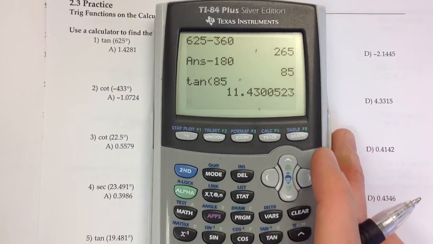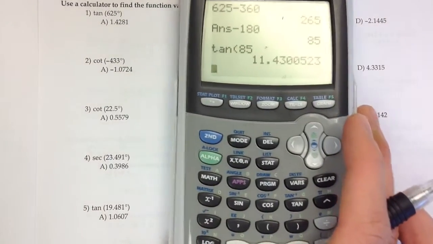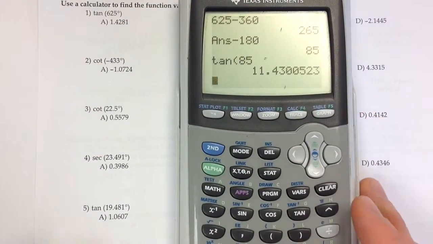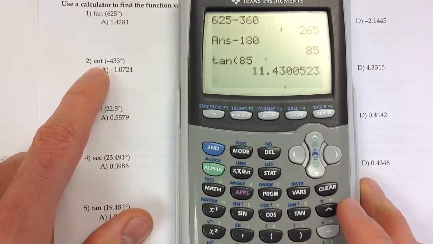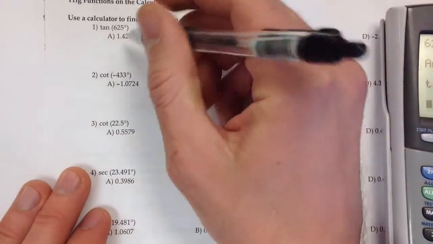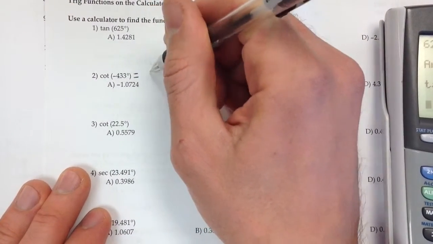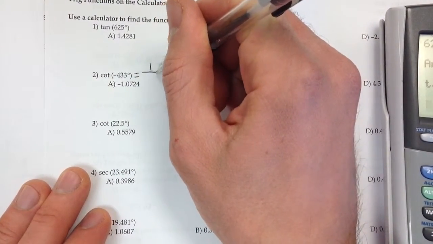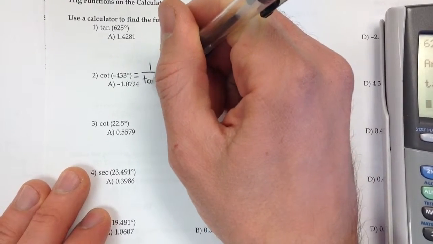Okay. At some point in the past, Dominique asked me how to find on the calculator these reciprocal functions. Now I will tell all of you. So cotangent. If you know that it's the reciprocal of tangent, it's easy. So this equals 1 over the tangent of the same angle.